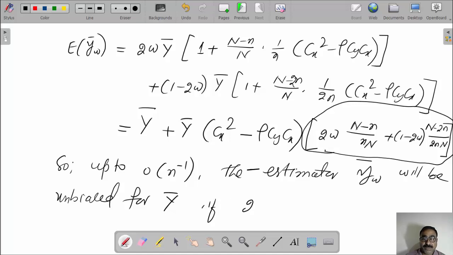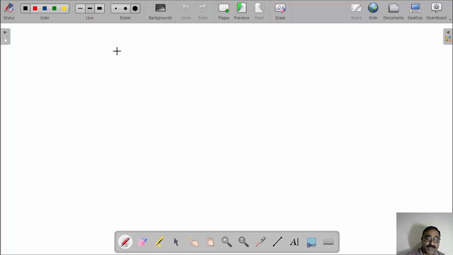That is, if 2W (N minus n) by Nn plus (1 minus 2W) (N minus 2n) by 2Nn is equal to 0. This implies we can get W equal to minus (N minus 2n) by 2n.